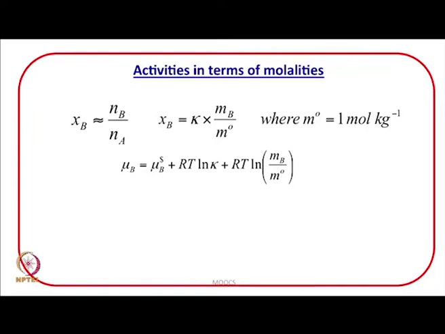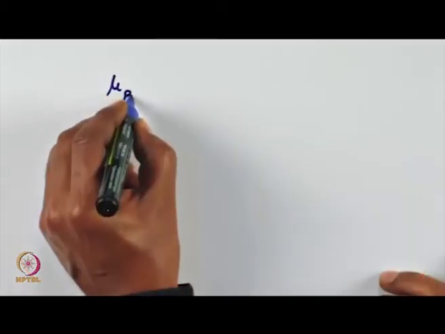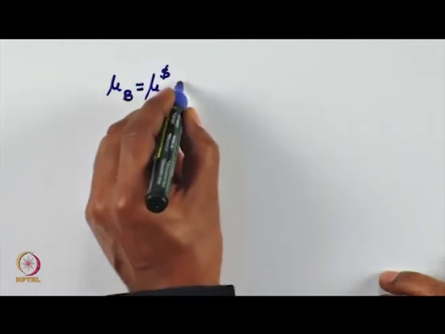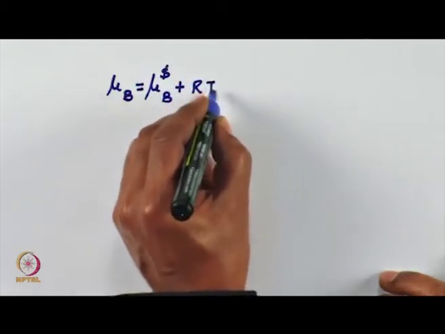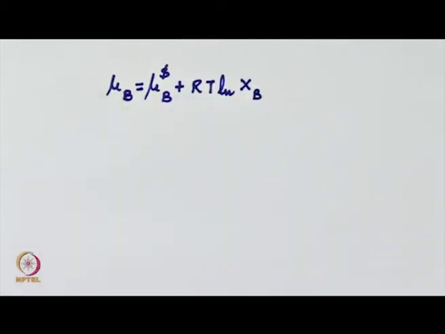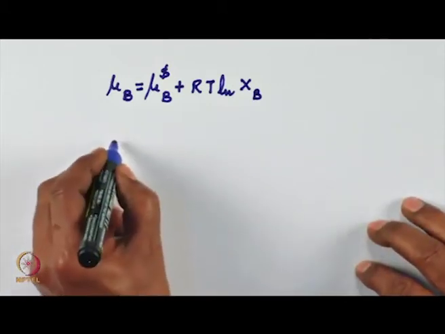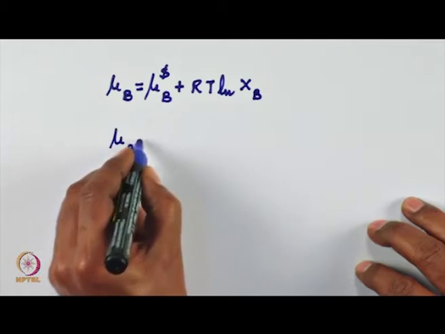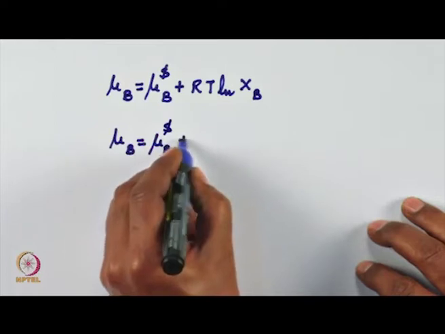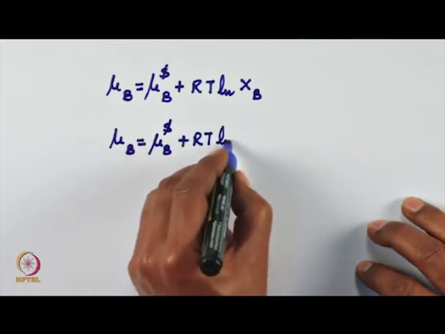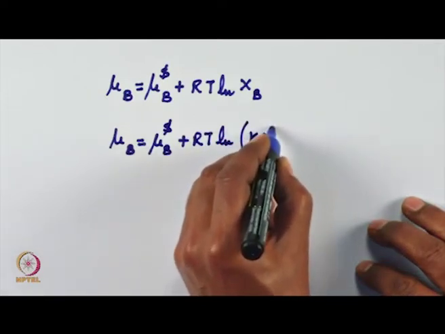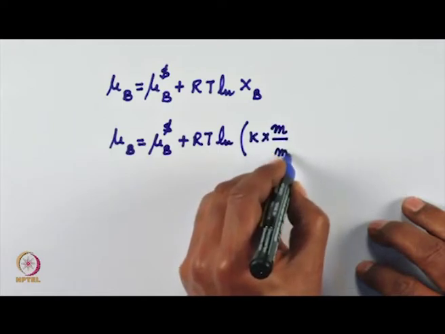You remember that mu B was written as mu B naught plus RT log XB. What I will write now is mu B equal to mu B naught plus RT log, instead of XB, K times M by M naught.